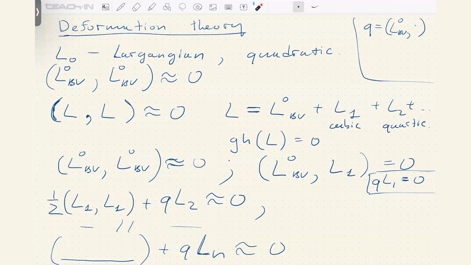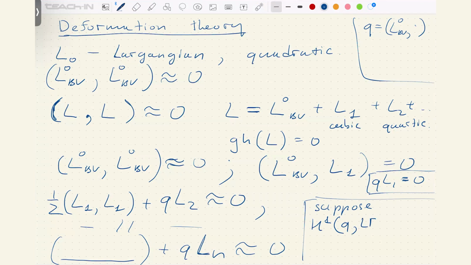For instance, a simple example: suppose that H in degree 2, because this is an element of Gauss degree 1. So suppose that H1 of our Q in local functionals, because now we are really talking about equivalence classes, is 0.